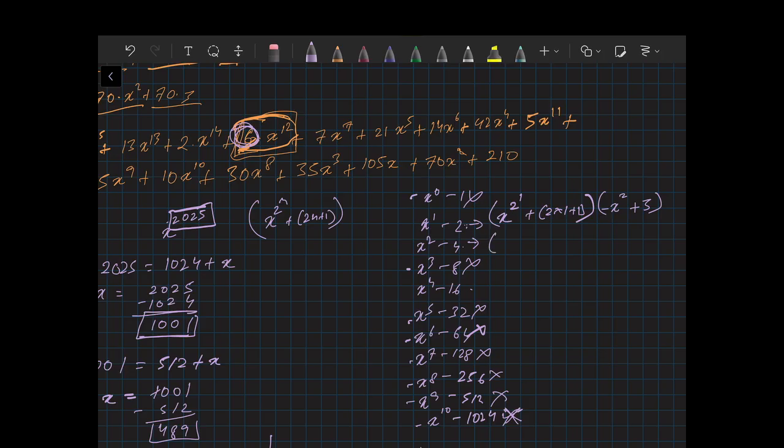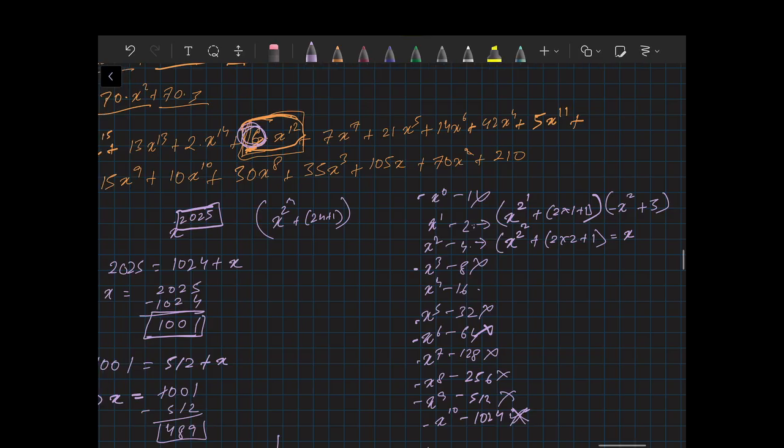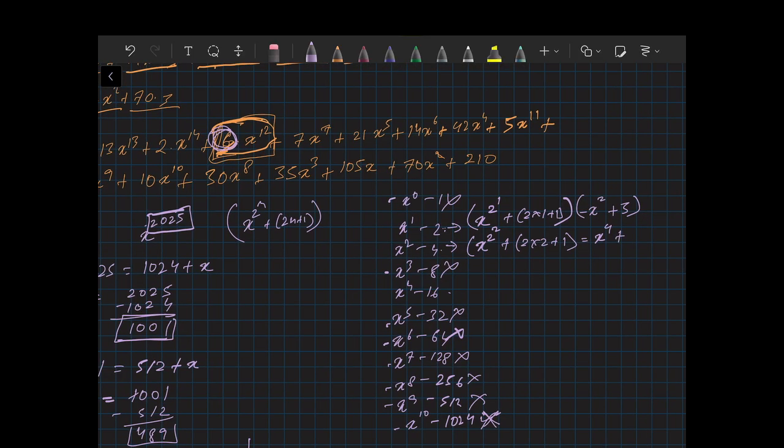Now for this term we have x to the power 2 to the power 2 plus 2 times 2 plus 1. Did I make some mistake here? No, I think it's fine. x to the power 4 plus 2 times 2 is 4 plus 1 is 5.